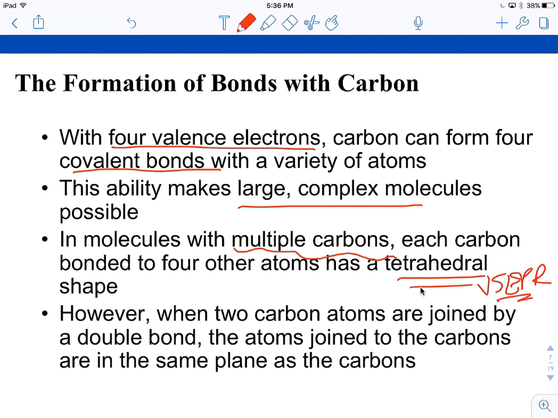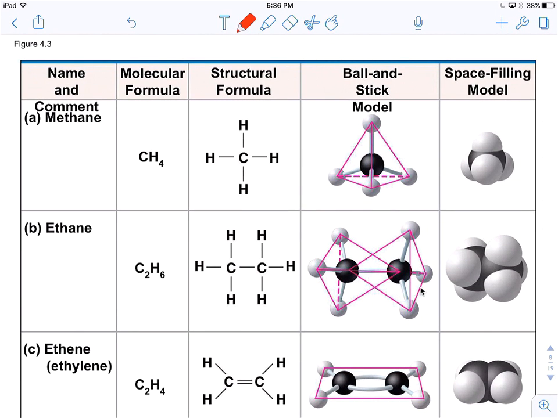If you have 2 carbon atoms joined by a double bond, it's going to be more flat. And here we go. So here we have methane, carbon bonded to 4 other atoms. You're going to get this tetrahedral shape right here.